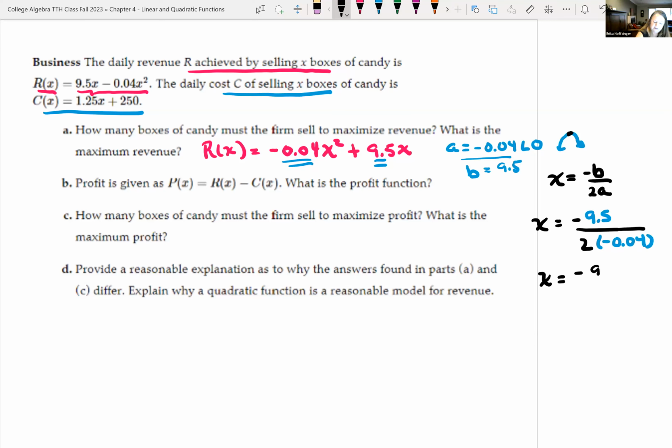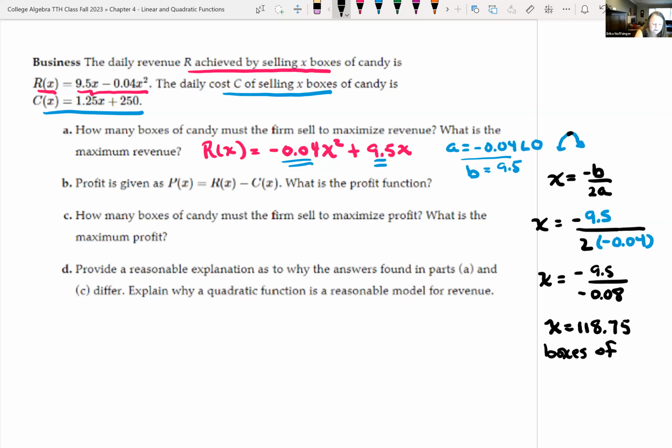So negative 9.5 divided by negative 0.08. Negative divided by negative is positive, so 9.5 divided by 0.08. So x is equal to 118.75 boxes of candy.